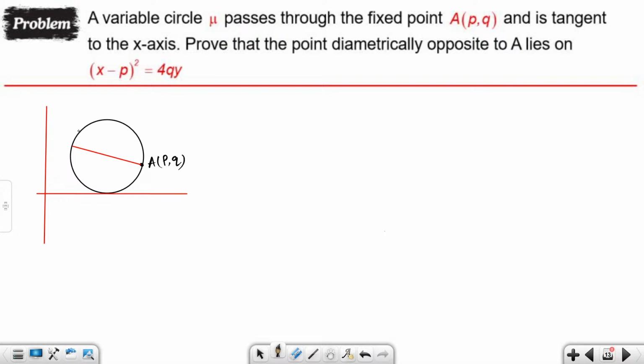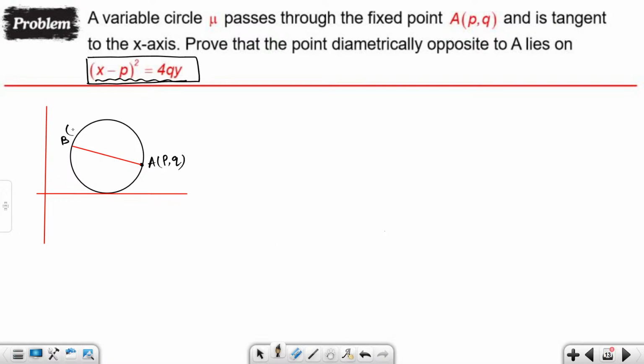So we have to show that this point, let us say this point be B, is lying on this curve. That is, actually we have to find out the locus of point B. And we will show that the locus of point B is nothing but this one. Is it clear?